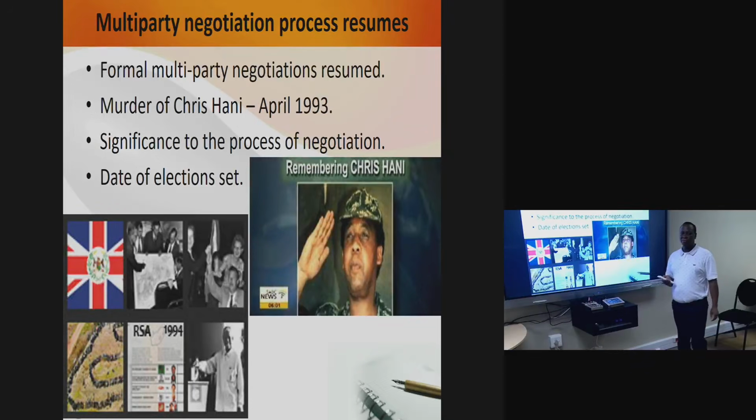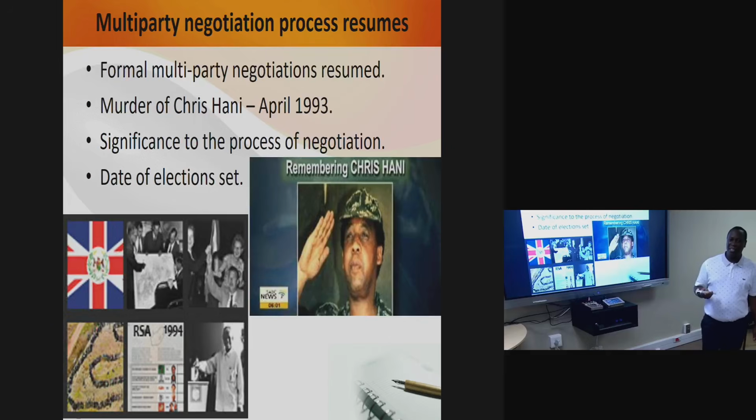Furthermore, all political parties met again at the World Trade Center. That meeting was called the Multiparty Negotiation Forum. Why were these negotiations happening in 1993?